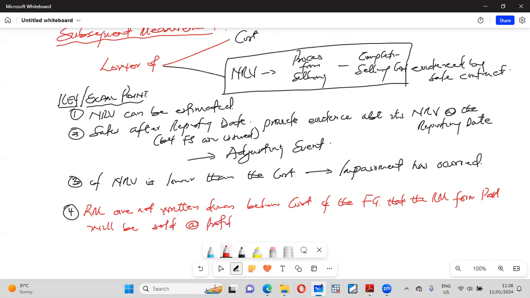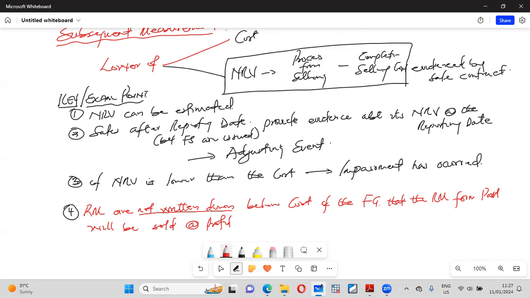Okay, so that is that. This is very, very important. If the raw material is being used to get the finished goods, and at the end of the day the finished goods will be sold at a profit, you cannot say the raw material has been impaired.